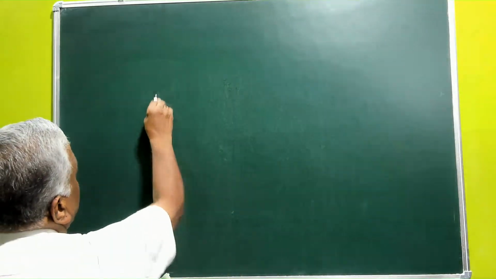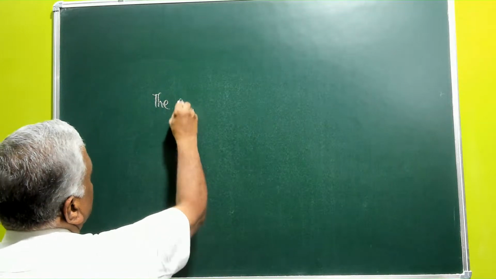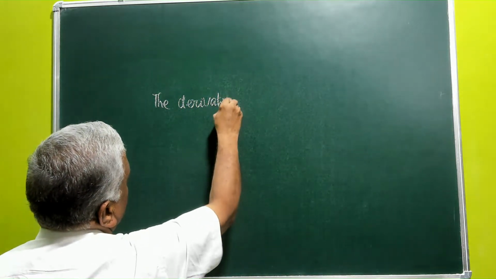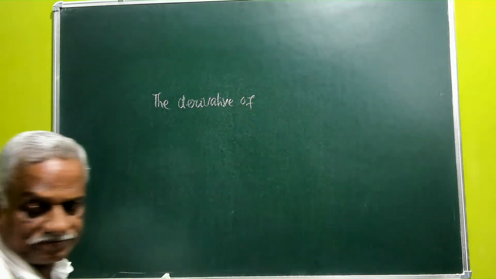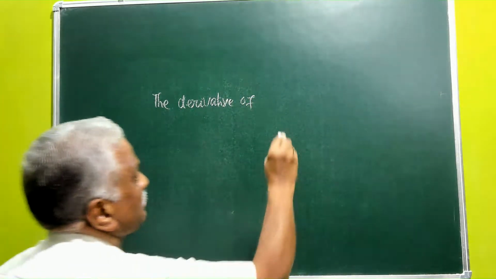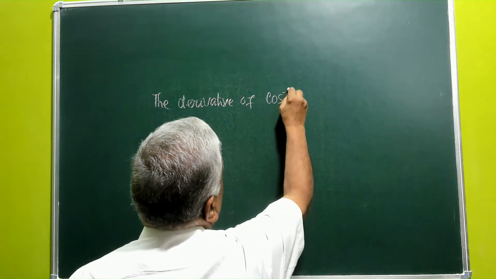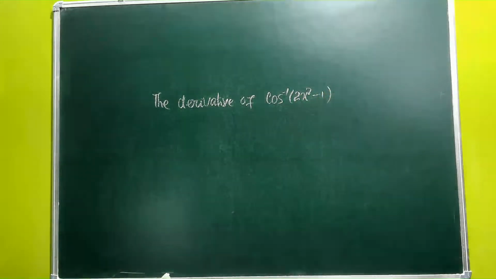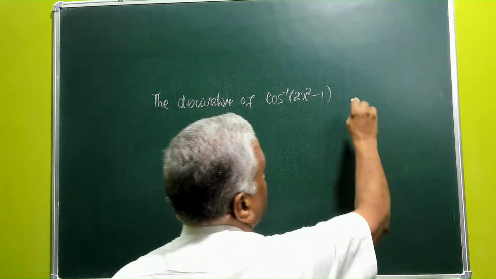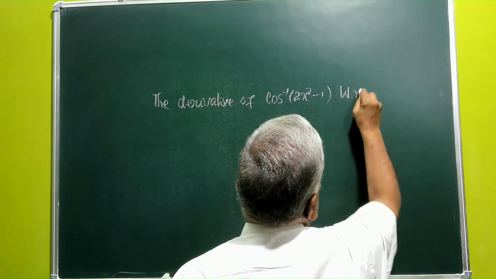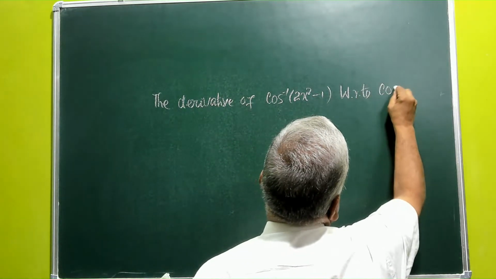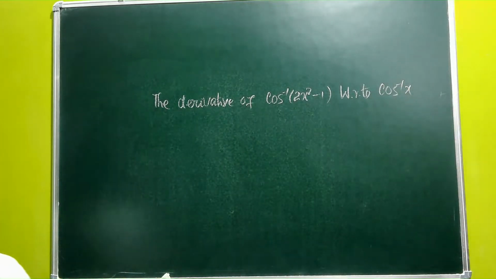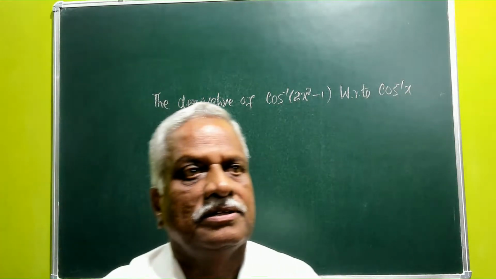Derivative of cos inverse of 2x square minus 1 with respect to cos inverse x.